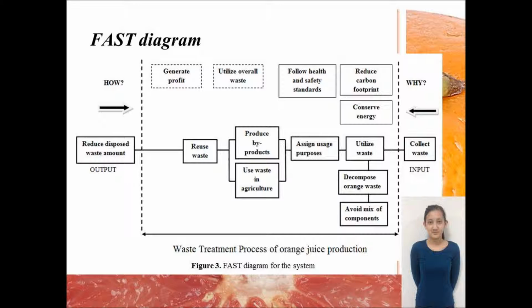In this case, they are generate profit and utilize overall waste, whereas upper region blocks stand for all-time functions that should be met, such as health and safety standards, reduce carbon footprint, and conserve energy.